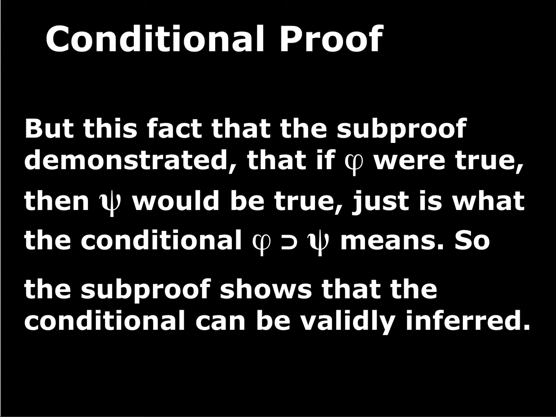You still haven't shown that phi really is true, and you still haven't shown that psi really is true, but what you have shown is that the conditional is true. If phi, then psi. Okay, so once you do that, then you can validly write your conditional on a line in the proof that's real. Now that conditional is for real. Okay, it's not pretend. The conditional is real.